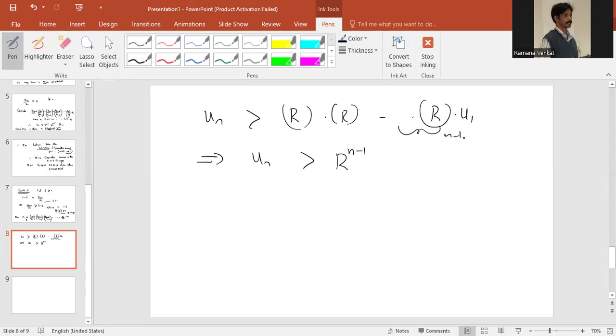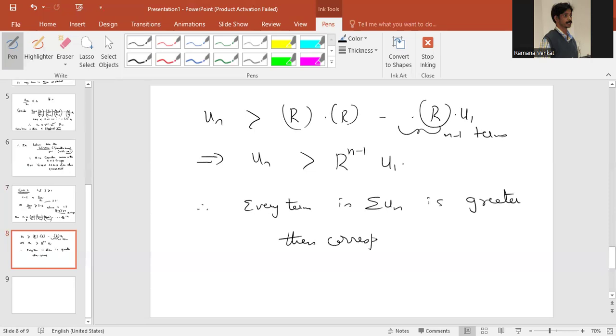These are n minus 1 terms times u1. Therefore every term in summation un is greater than the corresponding term in the RHS, which is nothing but a constant times a geometric series term.